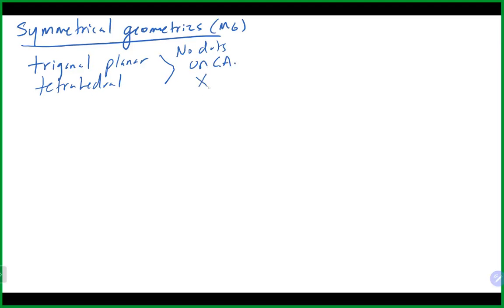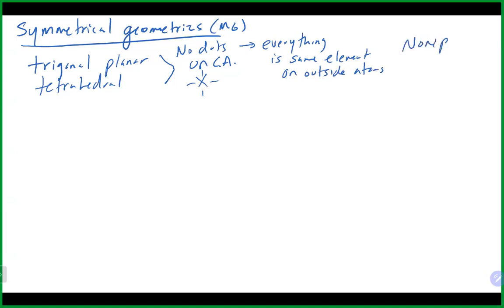So basically, they're all bonding electrons. And if everything on the outside atoms is the same element, it will most likely be a nonpolar molecule.